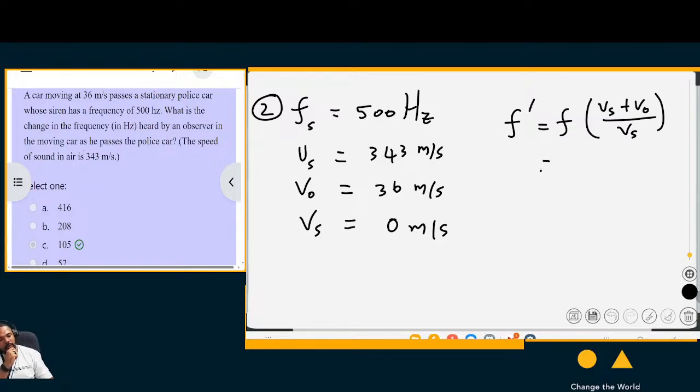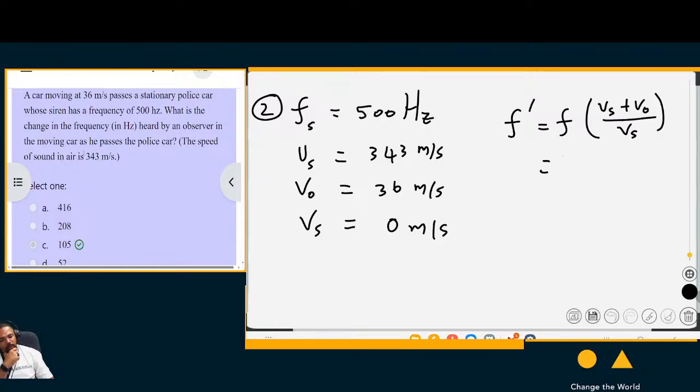That is the apparent change in frequency. Because in this case, the observer is moving, the source is stationary, so the speed of the source is 0. If the source was moving, there would be a plus or minus the speed of the source. Okay?